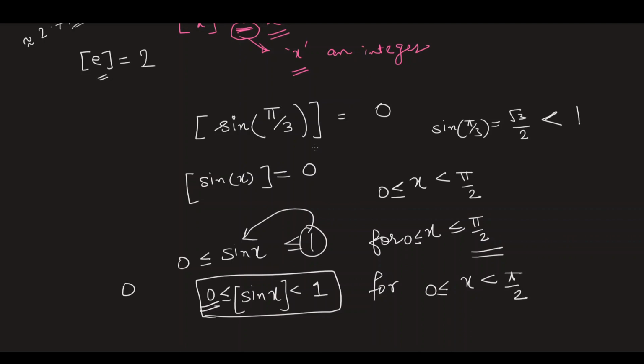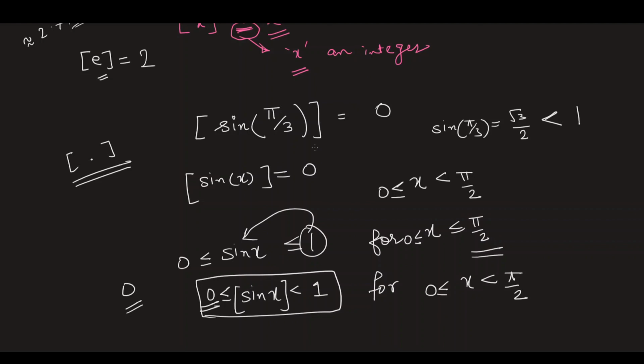So this function is used in some questions as a part of it and not as a complete question. And also note that whenever the question asks you to use this square bracket as a gent function, they will give you a clear indication that this is a gent function and not a simple bracket.